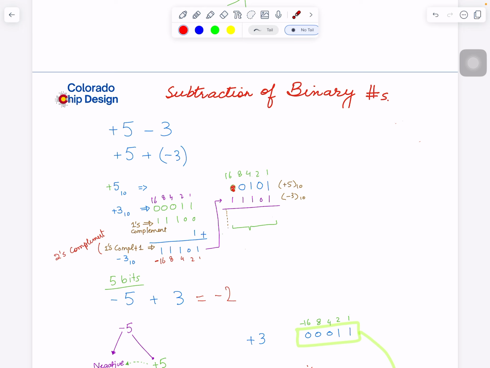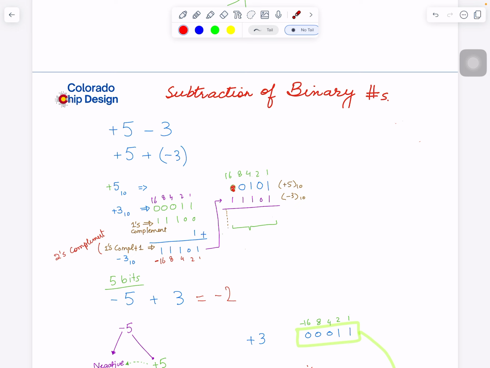Now when we want to convert this into a negative number, this is plus 3 and minus 3, we have to create a 2's complement of plus 3, or 2's complement of this binary number. If we want to create a negative equivalent of this, we want to create a 2's complement of that. That would be the minus 3.